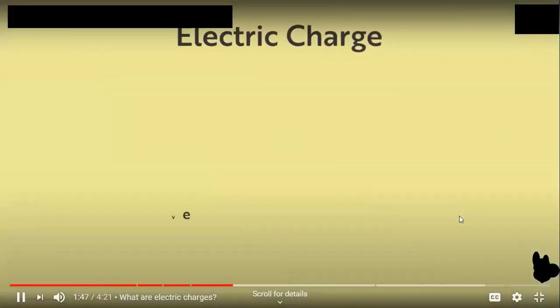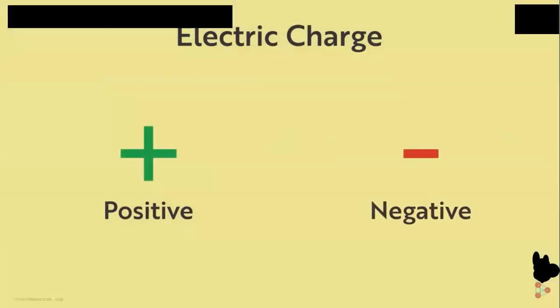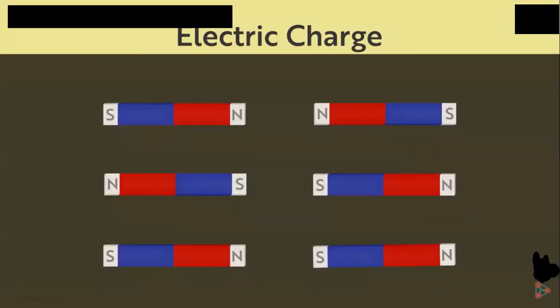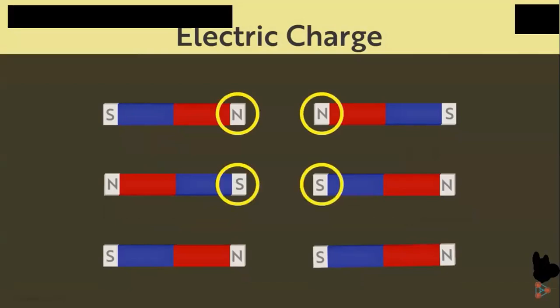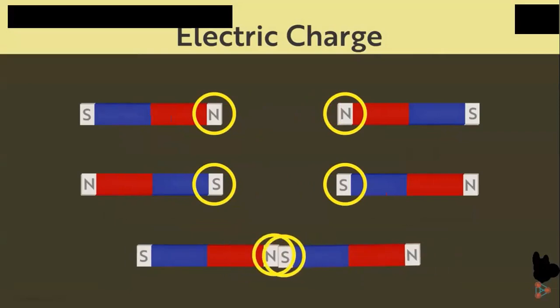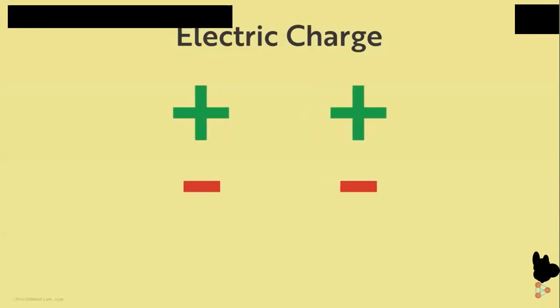The electric charge is divided into two parts, positive and negative. It is like a magnet. As we know, the same poles of a magnet repel each other, but opposite poles attract each other. In the same way, the same electric charges repel each other, but opposite electric charges attract each other.